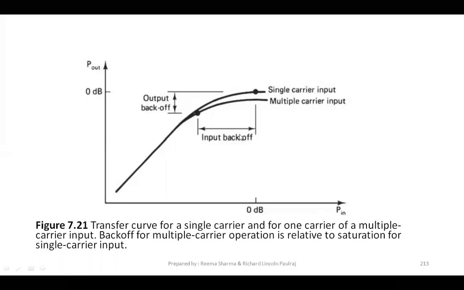I will decrease my input and make sure that it just stays in a linear line. If I increase the input, then it gets into the saturated point. If I decrease the input, then it will remain in my linear region. That is called your input backoff, and the corresponding output is called output backoff.